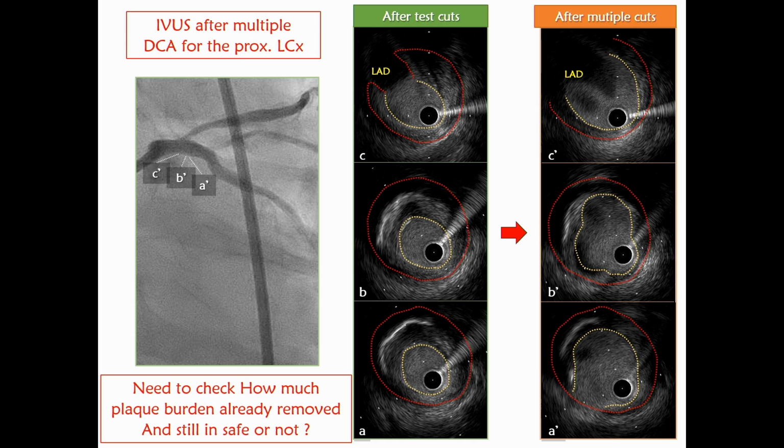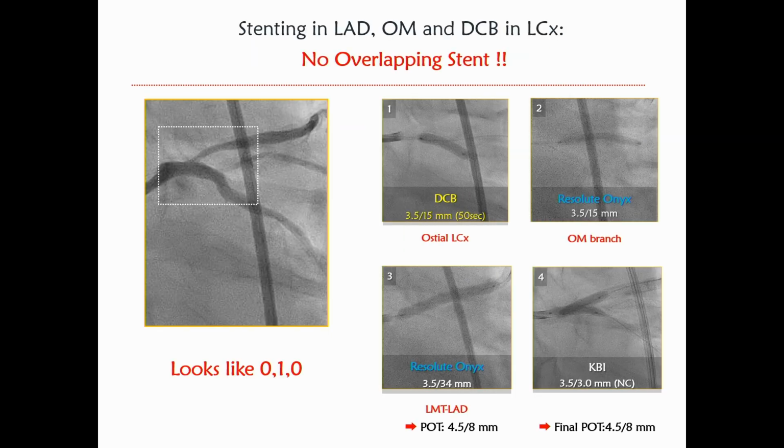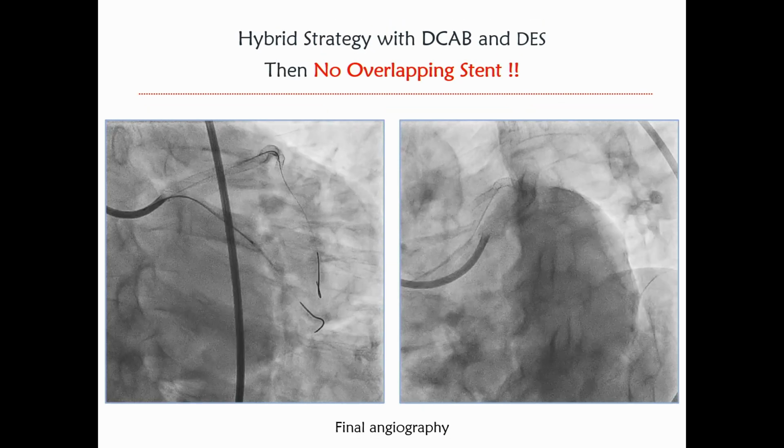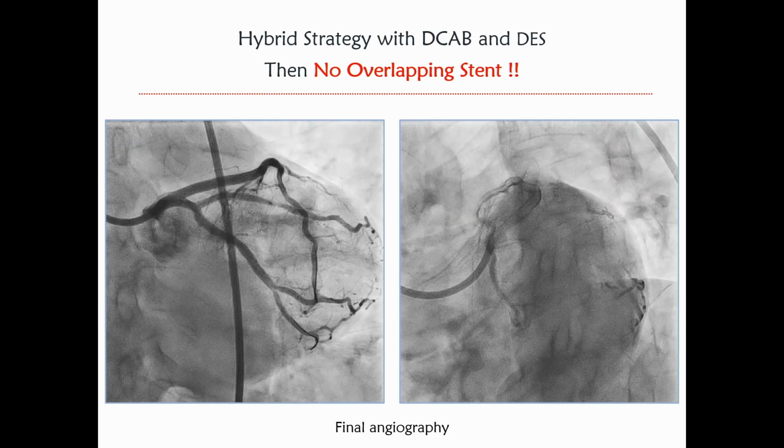We need to check how much plaque burden is already removed and whether it's still safe or not. Actually, it's a little bit time consuming, but I think around 30 minutes we can finish. And plaque burden goes to less than 30%. Then circumferential DCB, and stent for the straight part. And then no overlapping stent. Oh, nice.